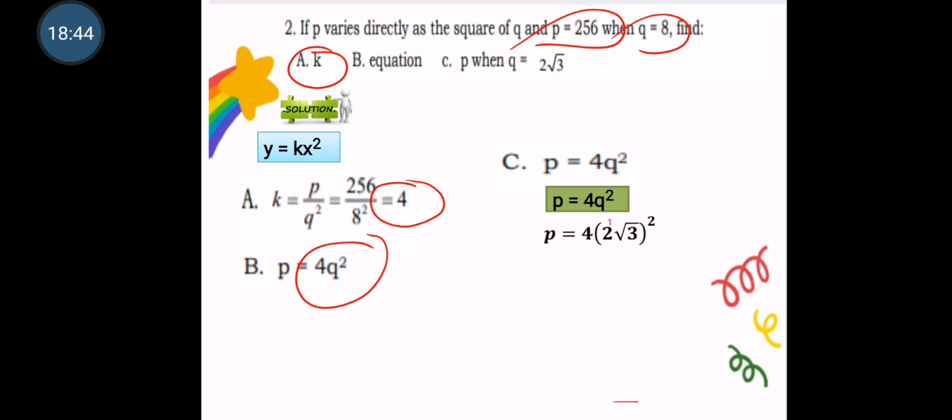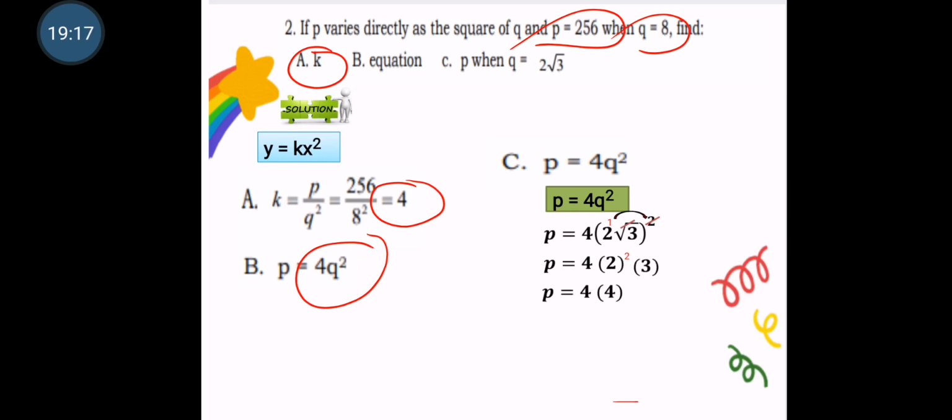Since ang exponent ni square root is 1, i-apply natin yung law of exponent, exponent to exponent. 1 times 2, kaya magiging 2 square. And then, since exponent and the radical, eliminate, kaya yan ay magiging times 3.